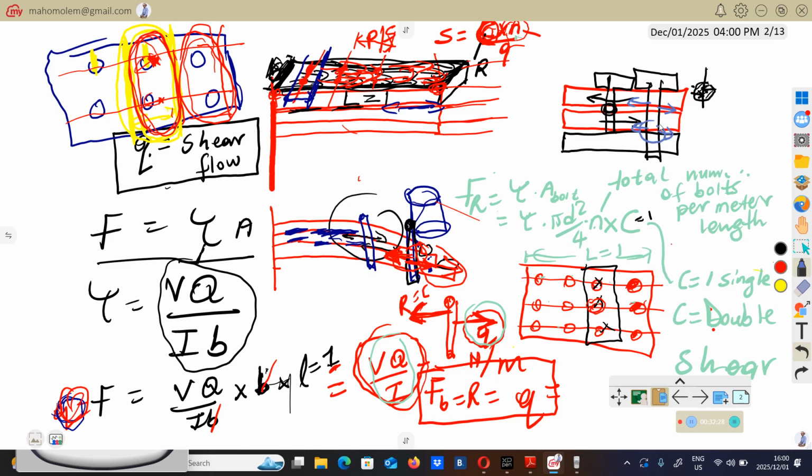So we're going to have double shear. We're going to have the shear here, and the shear here. So this bolt is going to get pulled like this and like that at this portion, and at this portion as well, it will get pulled like that and like this. So we're going to have a double shear in this case. And if we have double shear here, then here you are going to have 2.